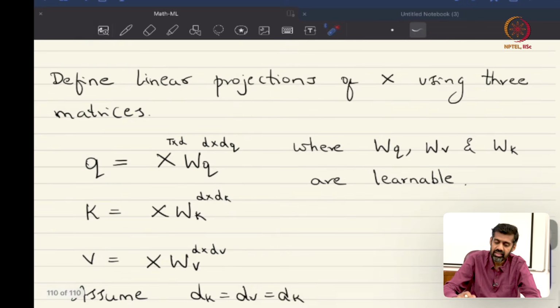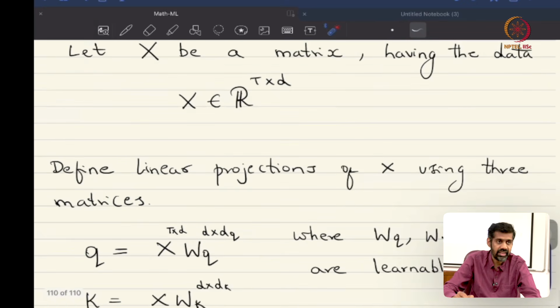Why is that? Because look at this X. X has T rows and d columns, so every row here is one token, and you take that row and multiply with this W_Q, which means that every row of Q is projecting one token onto the space spanned by W_Q, correct.